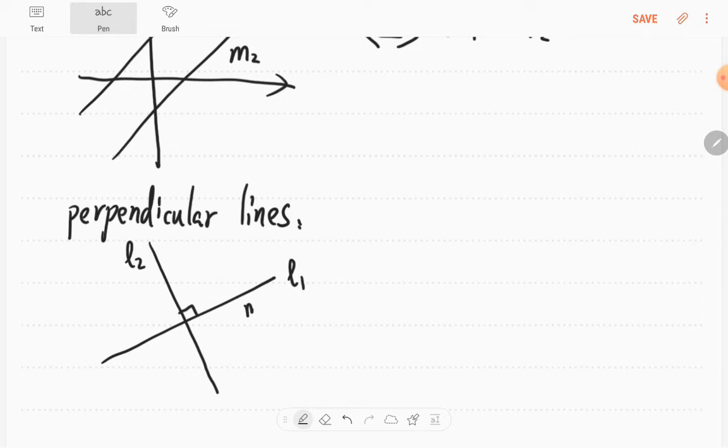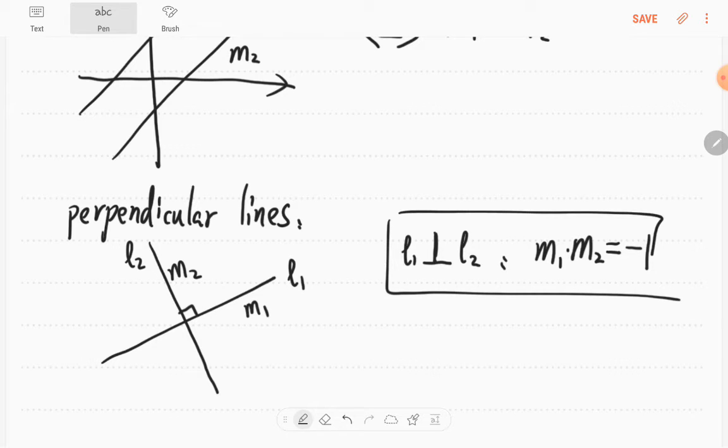If this is the m1 slope, m2, then we use this symbol to denote that two lines are perpendicular to each other. It means the product of the slopes m1 times m2 must be equal to -1, so you should know that.